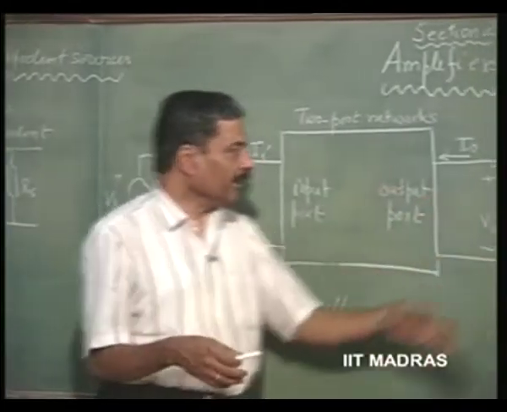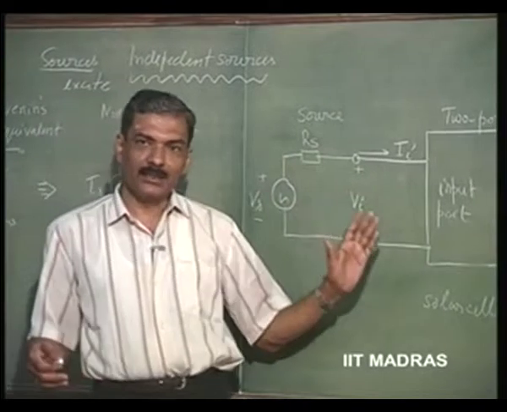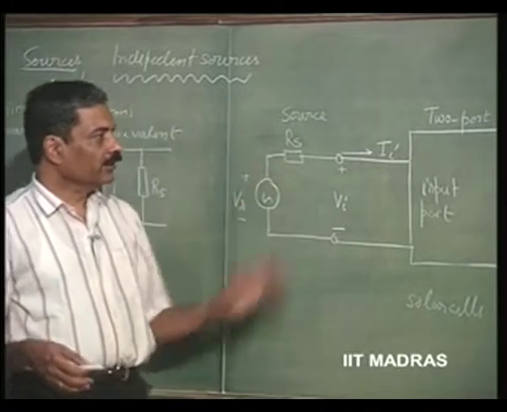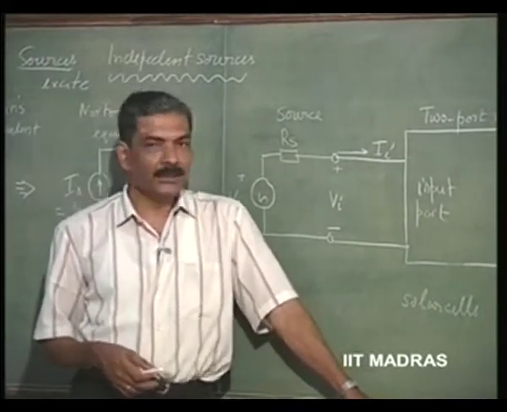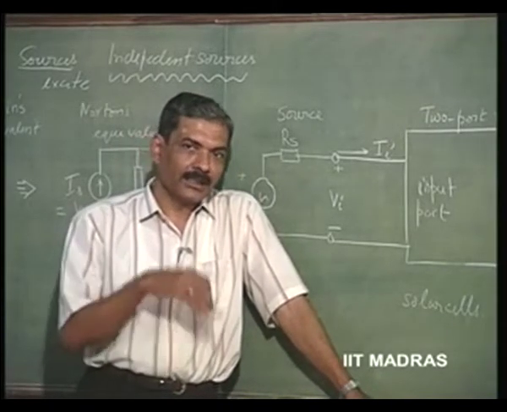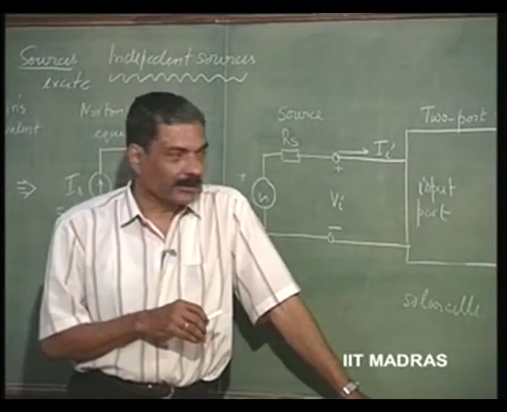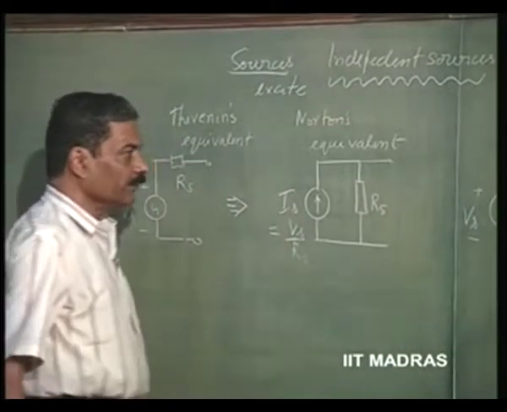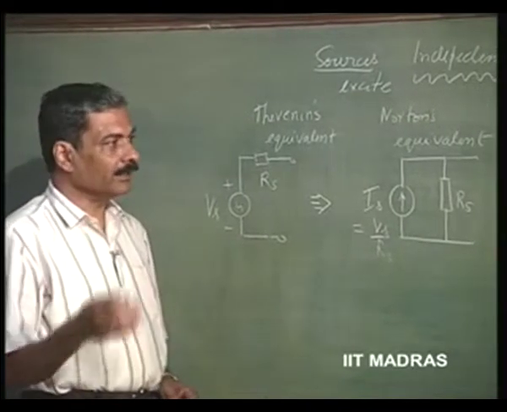This light signal can be converted into a source here by using, let us say, a photodiode. These days, with the availability of optronics, this kind of conversion commonly takes place, converting an electrical signal into a light signal and back into an electrical signal. Basically, independent sources are all those which can generate an electrical signal from some other form, mechanical or otherwise.